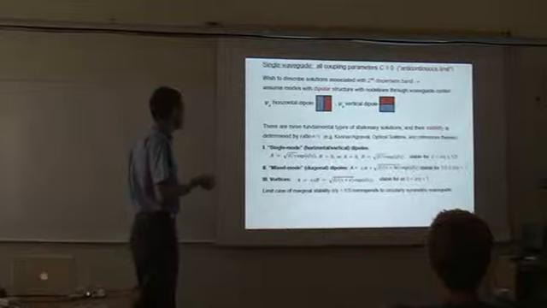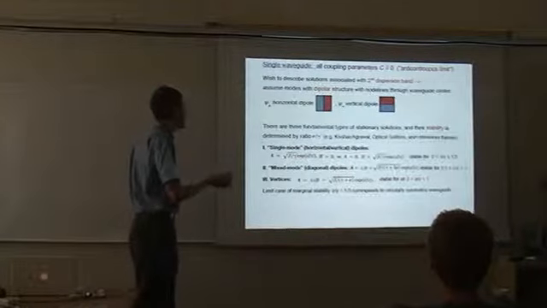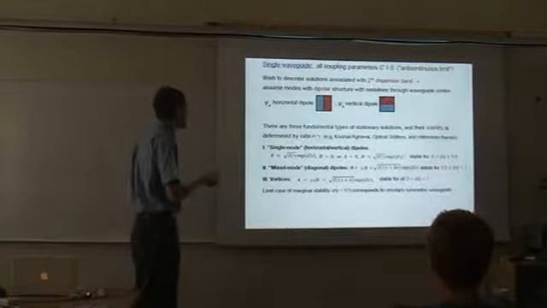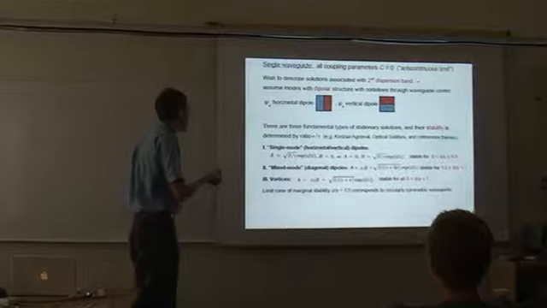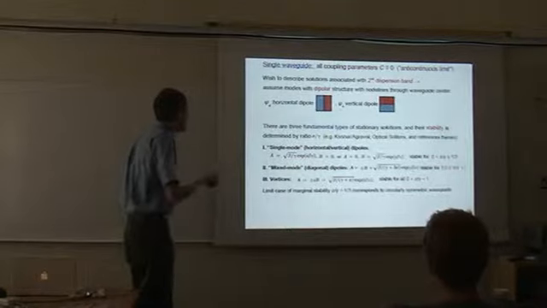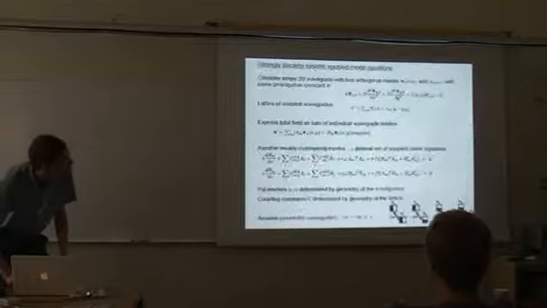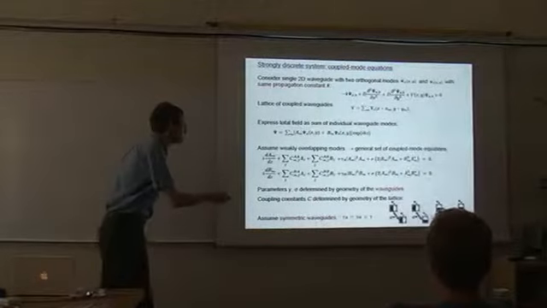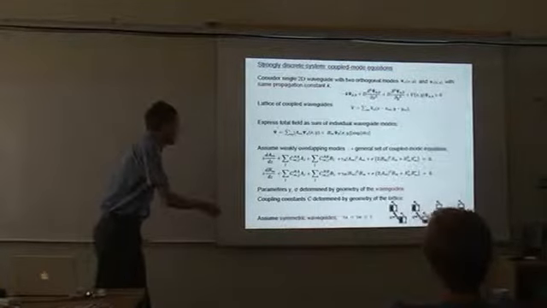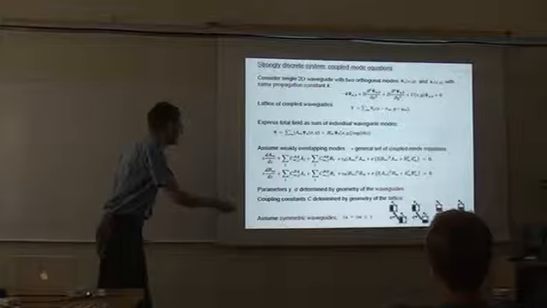So there are three fundamental types of stationary solutions, and the stability is essentially determined by the ratio of sigma divided by gamma. So sigma was the cross-coupling nonlinearity, and gamma was the self-coupling nonlinearity. We assume now that we have symmetric waveguides. In that case, the gamma for the A modes and the gamma for the B modes will be identical.